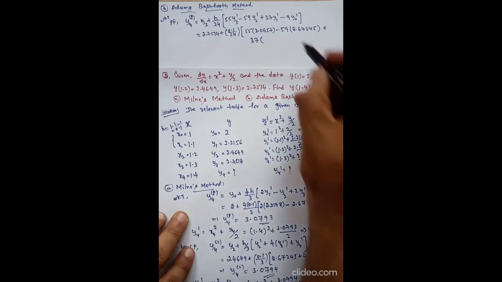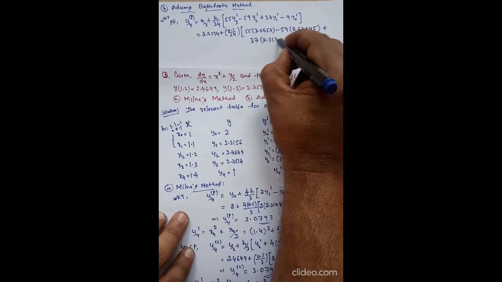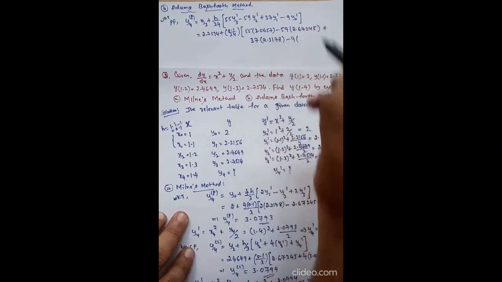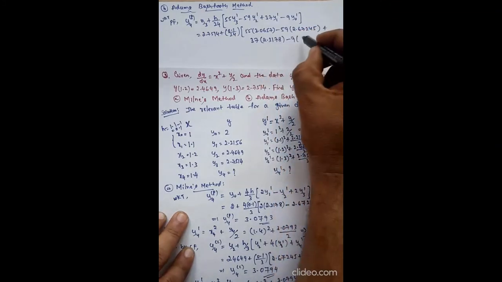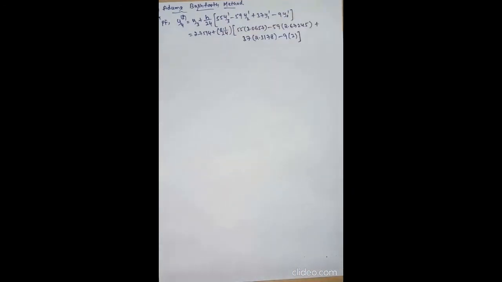So y1 dash is 2.3178 minus 9 into y0 dash, and y0 dash is 2. So the values from the table are substituted. Now use your calculator and simplify this.